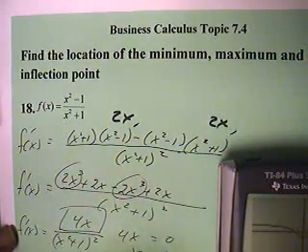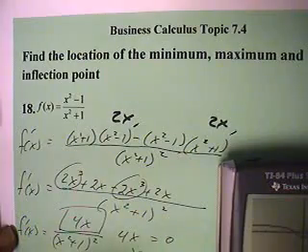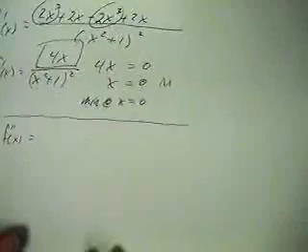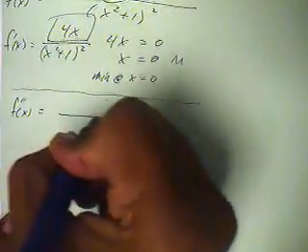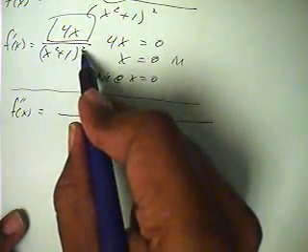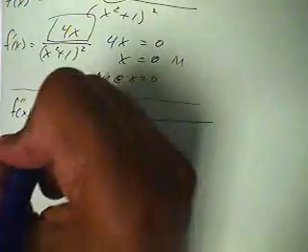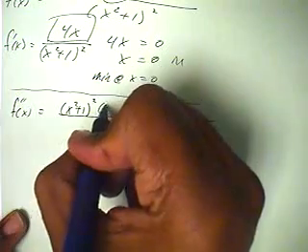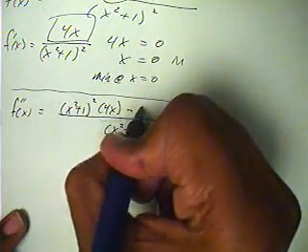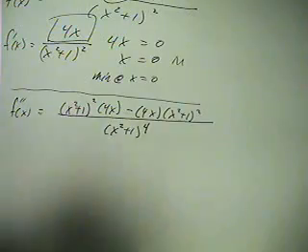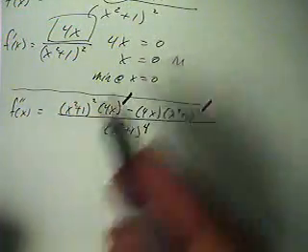We need to take a second derivative. So let's begin. For the second derivative, we have x squared plus 1 all squared, and squared again, which is to the fourth. So x squared plus 1 squared times the derivative of 4x, minus 4x times the derivative of x squared plus 1 all squared.